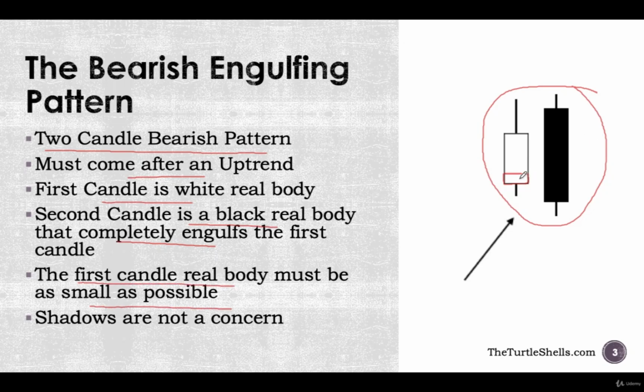If it is small relative to the black real body, that's an ideal situation where you see a complete shift in psychology. The shadows are not much of a concern, because what we are concerned about here is the real body, whether it is engulfing the prior white real body. And we have seen the examples of this when we studied the bullish engulfing pattern. This is just a reverse of that. Okay.